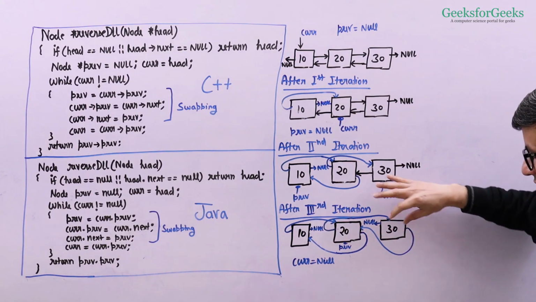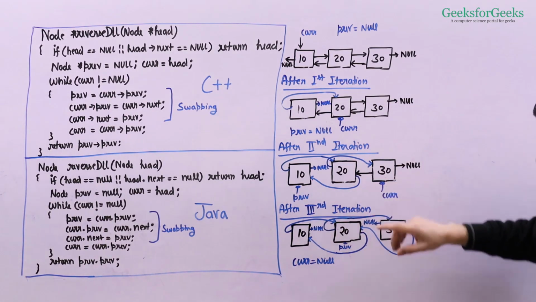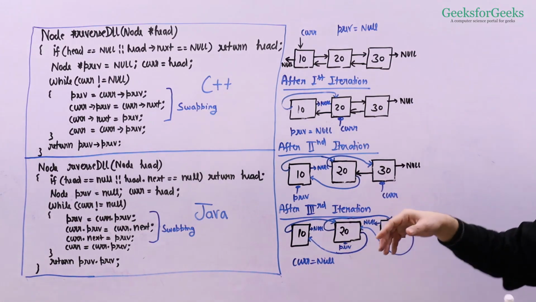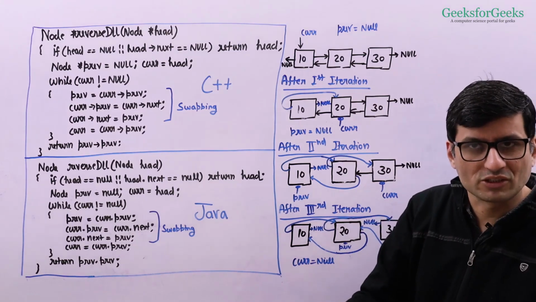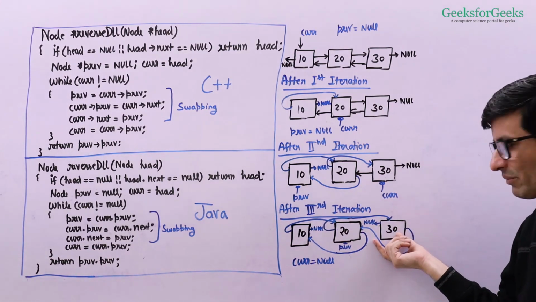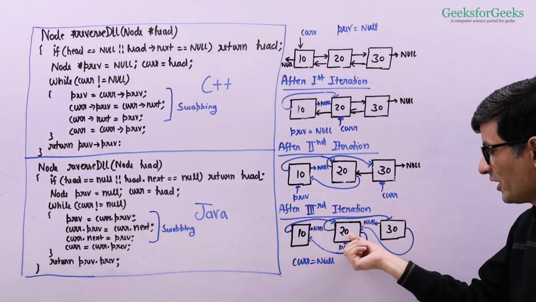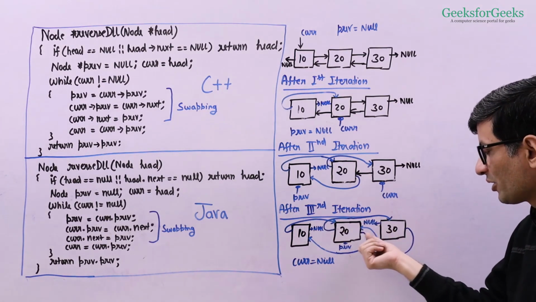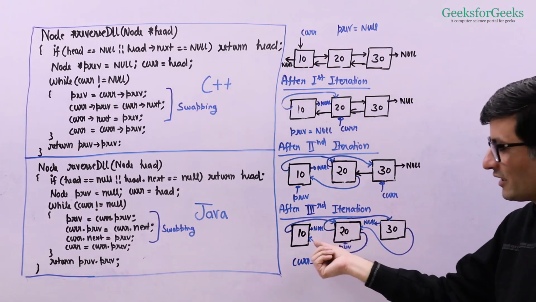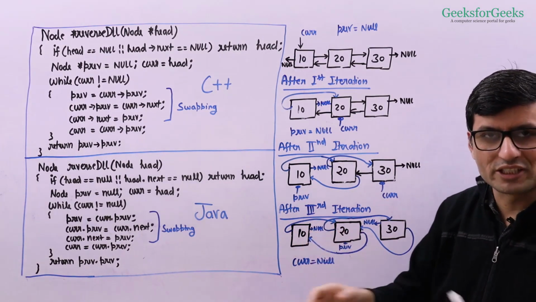And this is now ready to become head, right? Its previous is null. That's what should be the previous for the first node of the doubly linked list, right? It's going to be the first node in the reverse doubly linked list. Its next is 20, 20's previous is 30, 20's next is 10, 10's previous is 20, and 10's next is null, right? So everything is done.